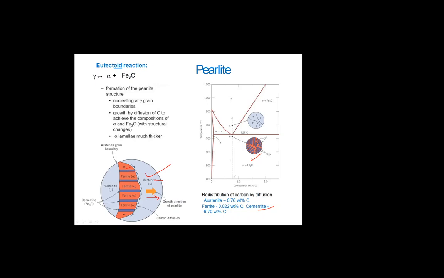In the eutectoid reaction, gamma is transformed into two solids, forming pearlite, nucleating at the gamma grain boundaries, and the growth leads to the transformation with much thicker alpha ferrite lamina, as the redistribution of weight percentage takes place.